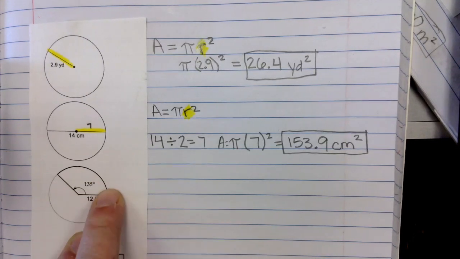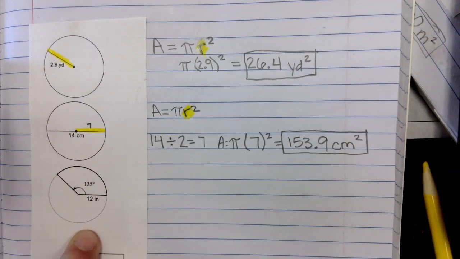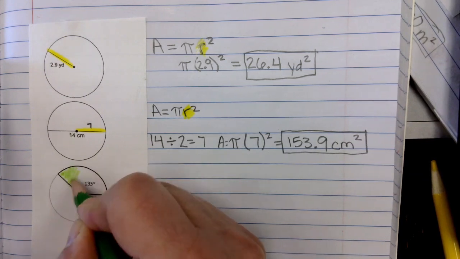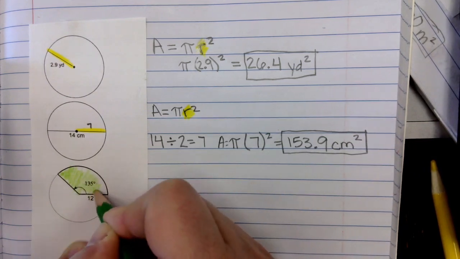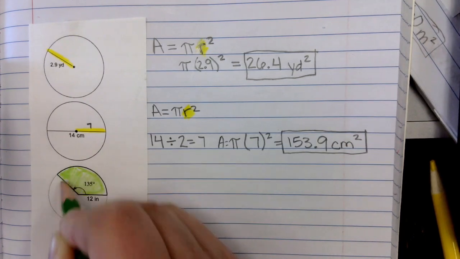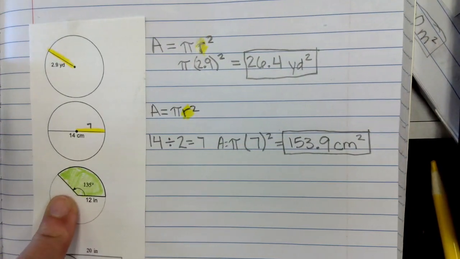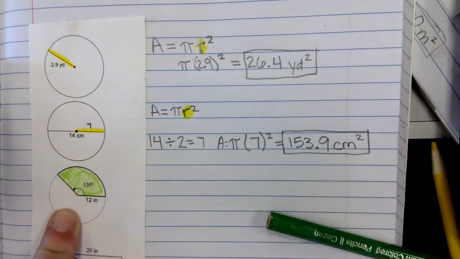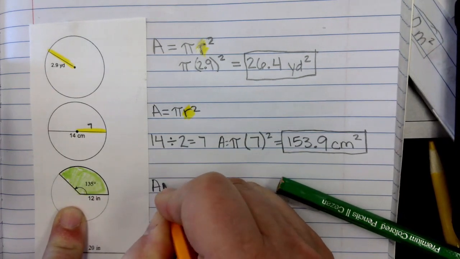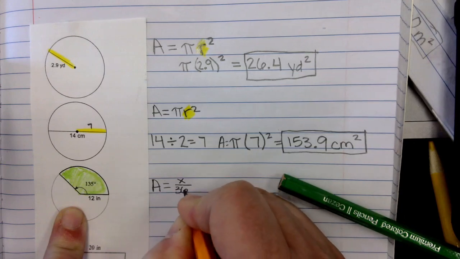So for our formula, if you want to recopy the formula down, it's A equals x over the whole circle, 360, times pi r squared. So we need to know what is my degree and what is my radius. So how many degrees is shaded in there? 135.